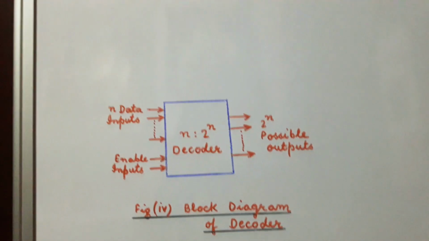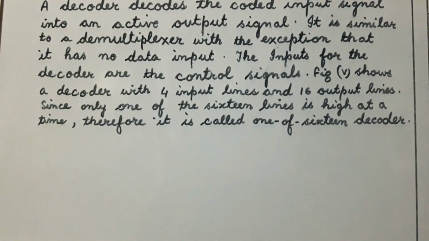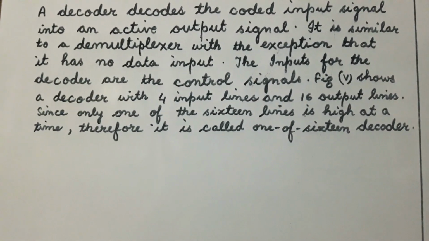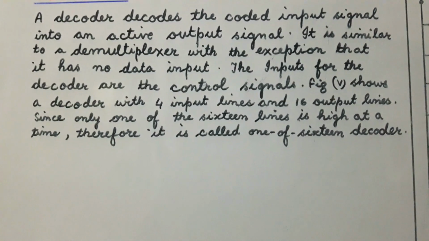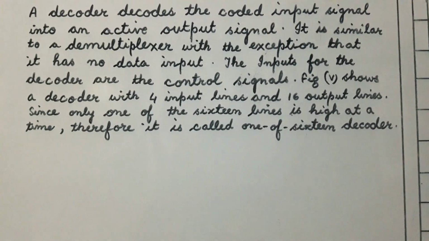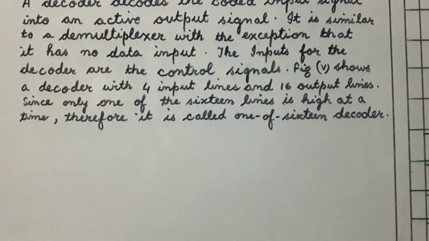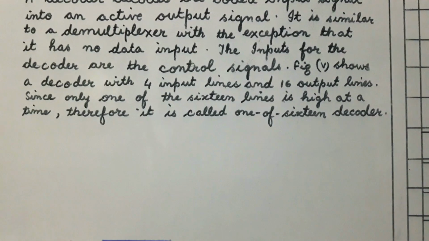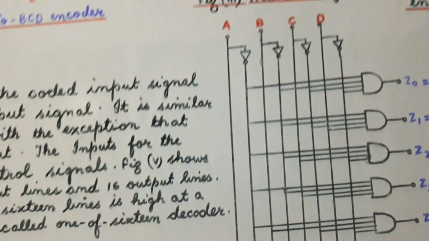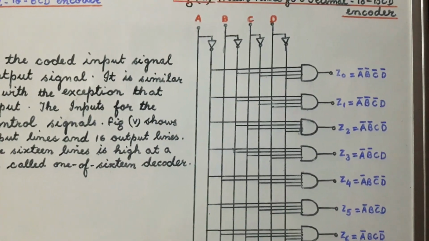Now we will consider a decoder having 4 input lines and 16 output lines. Since only one of the 16 lines is high at a time, this decoder is also called 1 of 16 decoder, and the circuit diagram of the 1 of 16 decoder is shown in the figure.